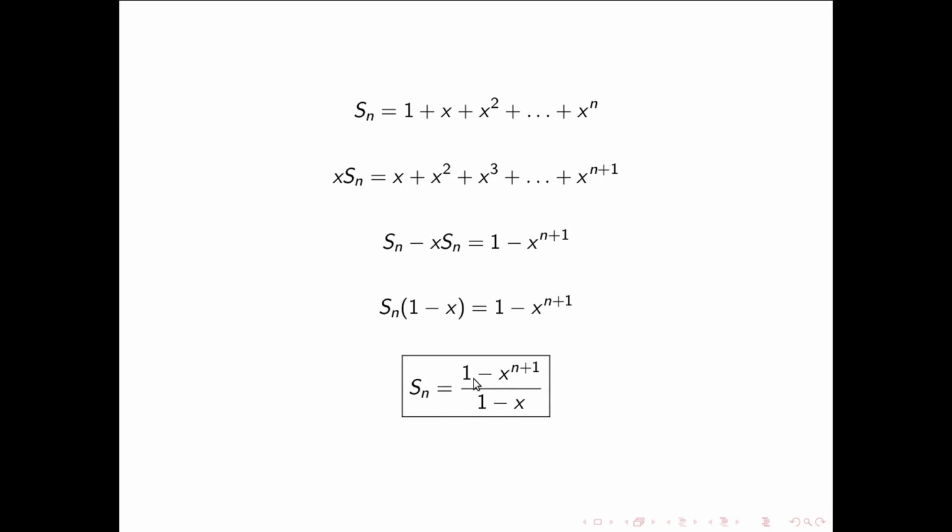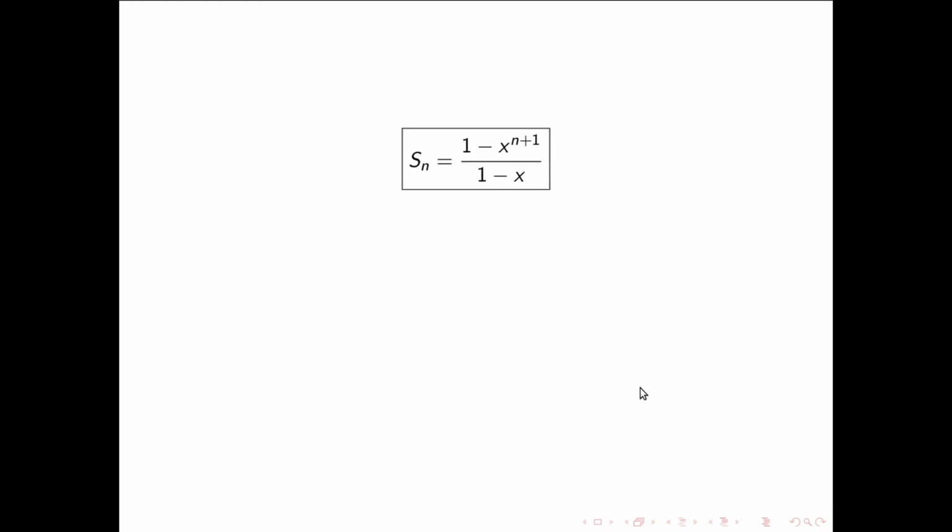Sn will be equal to (1 minus x^(n+1)) divided by (1 minus x). Now we are in the condition to finally calculate the series. Now we can apply our equation, and we obtain the series is equal to the limit when n goes to infinity of (1 minus x^(n+1)) divided by (1 minus x).